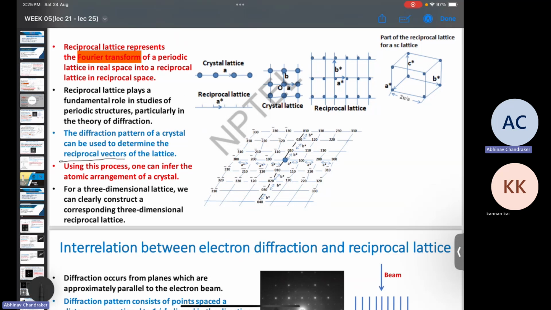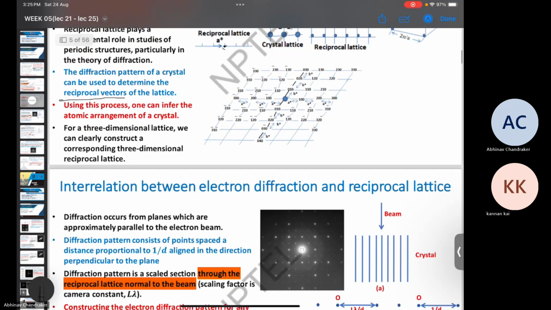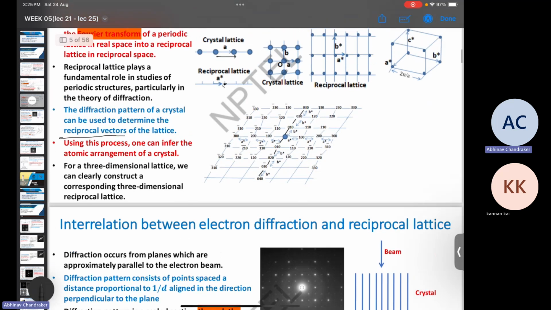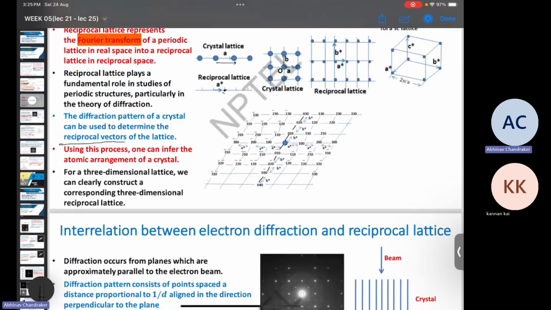For example, if you have this normal to a plane A, then in the reciprocal lattice, the same plane can be represented by a point, and the spacing can be called A star with respect to the origin. And just like we have a three-dimensional real lattice, you also have a three-dimensional reciprocal lattice, and each point corresponds to a plane in the real space.